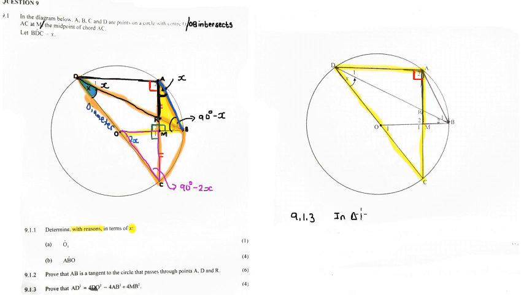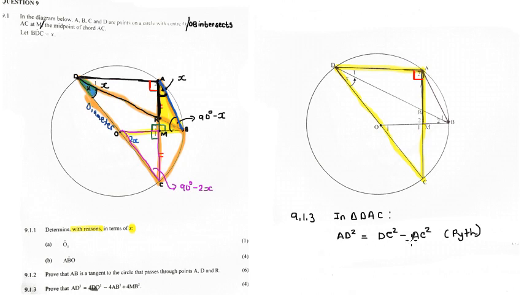In triangle DAC, Pythagoras theorem says, if we want to focus on the side AD squared, because that's not the hypotenuse, that side is equal to the hypotenuse squared minus the other side, so AC squared. Right, so this is Pythagoras.